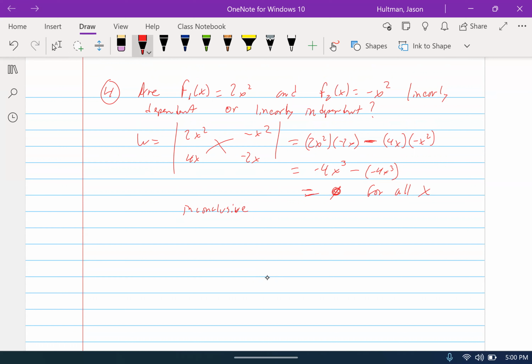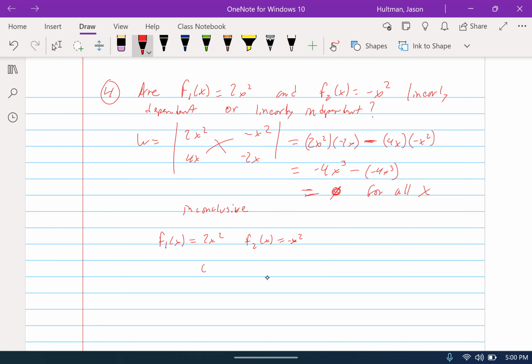Now how can I see that? Well, f1 of x equals 2x squared, and f2 of x is equal to negative x squared. We can see that there is a linear combination that will get me 0.